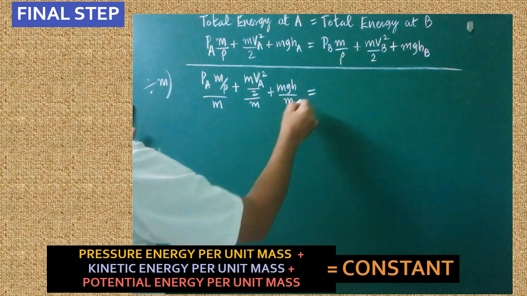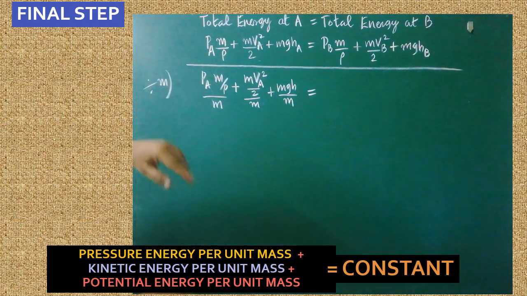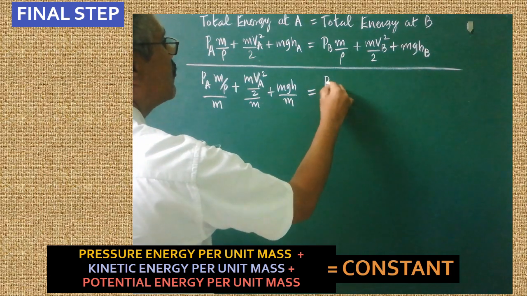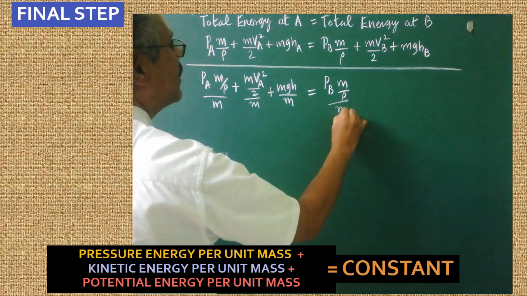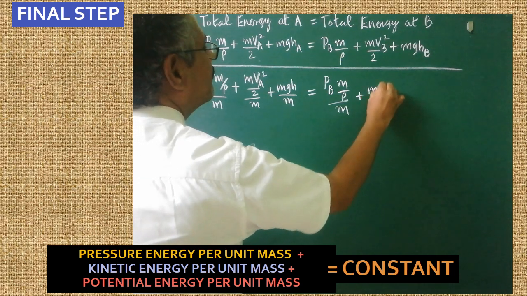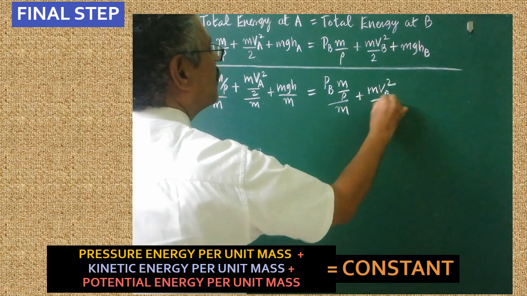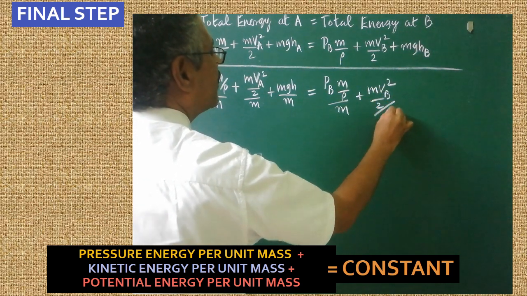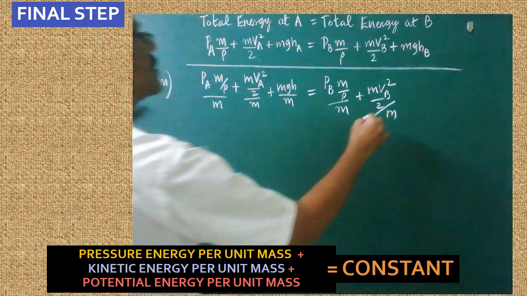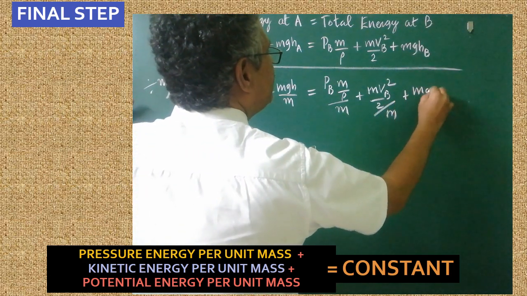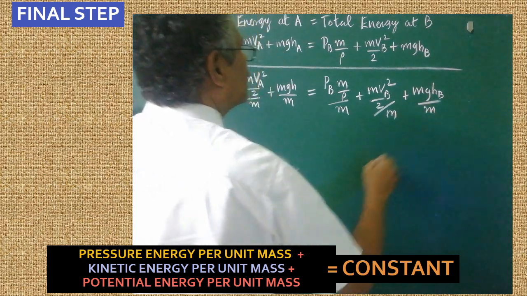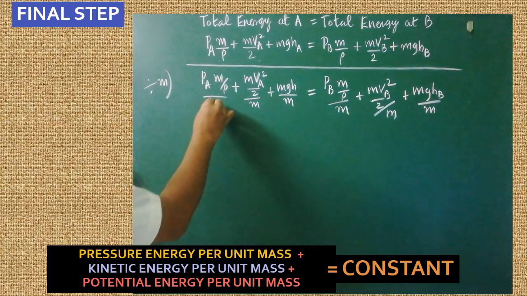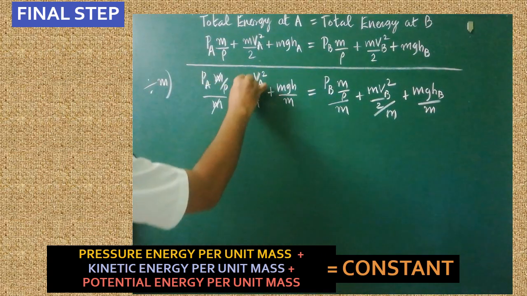Now I am going to derive the same thing for end B. PB times m divided by rho, whole divided by m, plus m Vb square divided by 2, whole divided by m, plus m g hb, whole divided by m. All the factors are divided by m. Cancel the m in all factors.